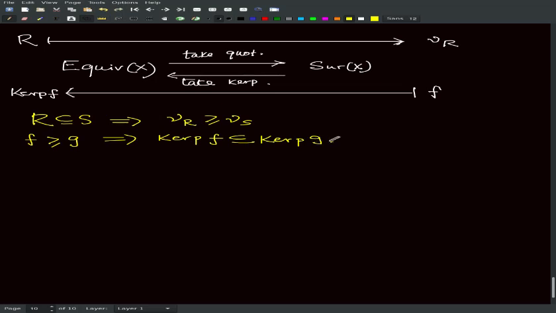Okay. Now let's stick it together. Suppose I take an r and I take an f. Suppose I say r is smaller than the kernel pair of f.